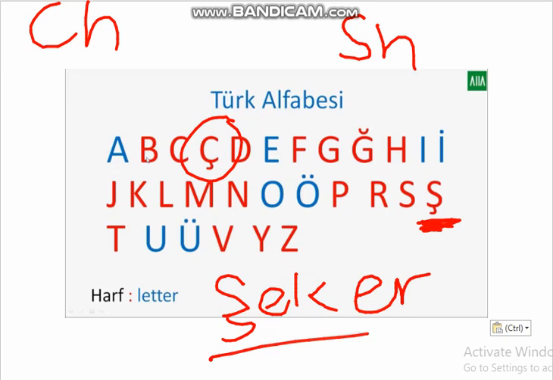So shakar also means sugar in Turkish as well. But they have a specific letter for SH as well. Now, moving on to the T and the U, they have the same pronunciation.